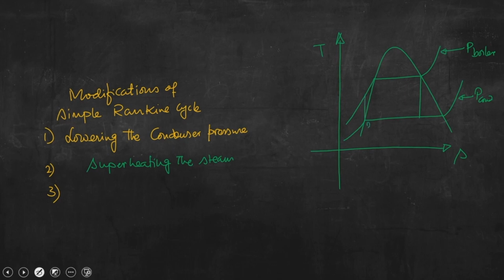So, this is point number 2, this is point number 3, this is point number 4 and this is point number 1. Superheating the steam beyond point 3 would be an alternative to enhance the efficiency of the cycle, that is quite visible if we really look at this TS diagram. We shall discuss that point today.